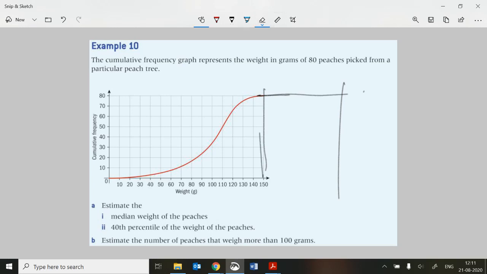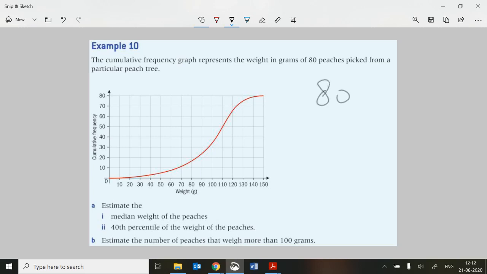So when it asks for the median weight, we want to know where we get to in terms of our weight when we go halfway through the data. Well, 80 is the total, and 40.5 is the median.